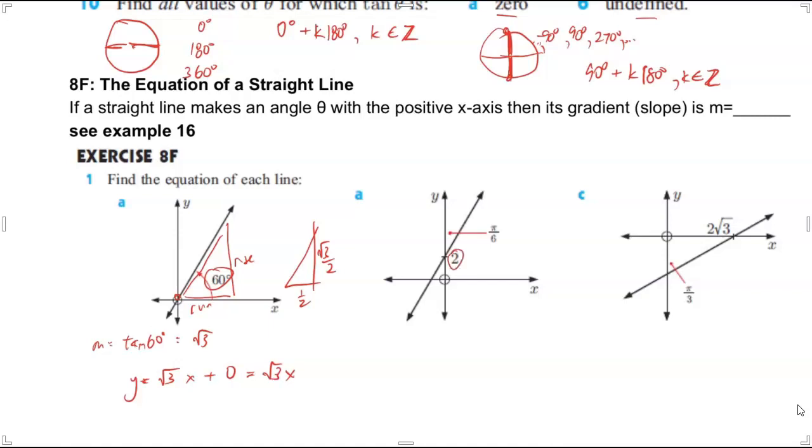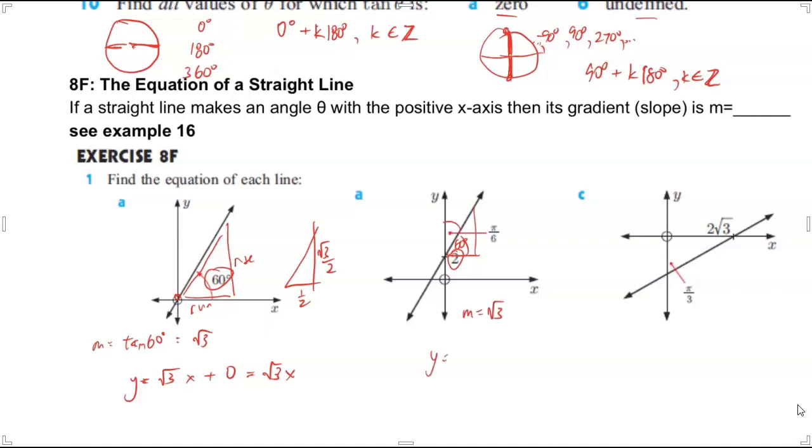Our y-intercept is 3. What is our rise over run? Well, we know that this angle is pi over 6. Pi over 6, remember, is 30 degrees. So this angle would be 60 degrees. Oh, it's the same slope as the other one. So the slope is still square root of 3.